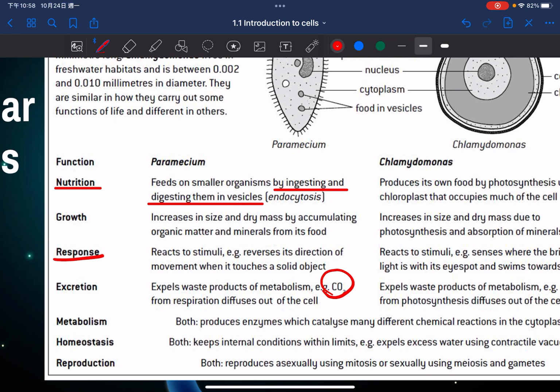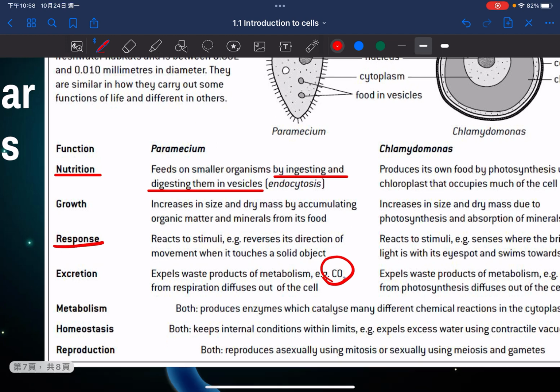Just like us, we expel carbon dioxide from our lungs. But for the paramecium, it's very easy because it is just one single cell, and its living environment is water, so it can get rid of the carbon dioxide through diffusion.